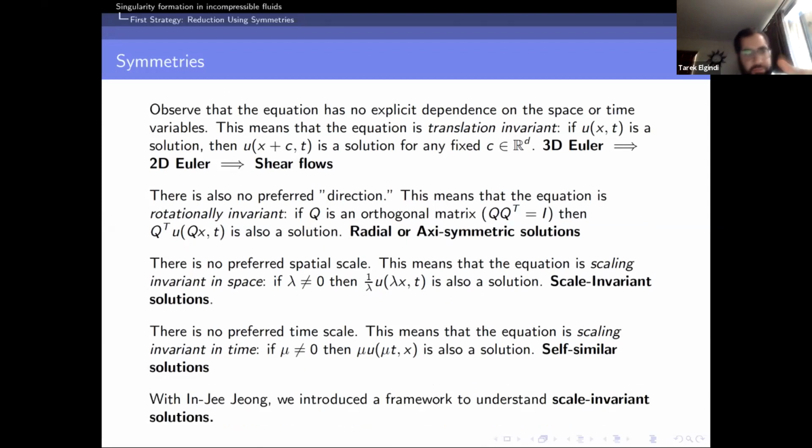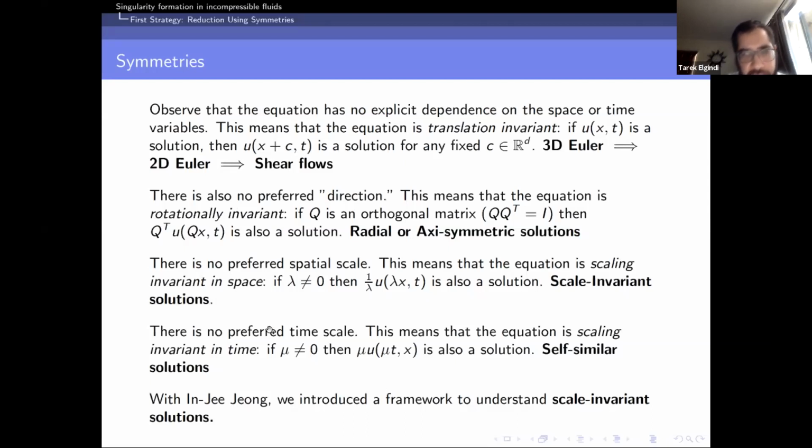Okay, so most of these things are very classic. Obviously these scalings have been known for a very, very long time. And these specific things like axisymmetry and passing from 3D Euler to 2D Euler and even self-similar solutions have been known for quite some time.